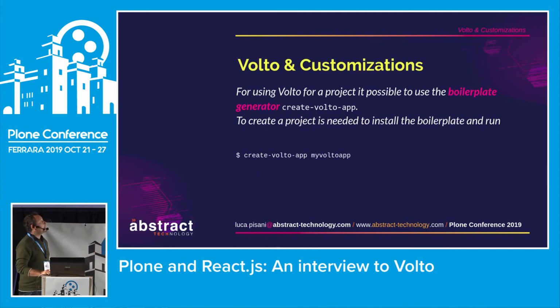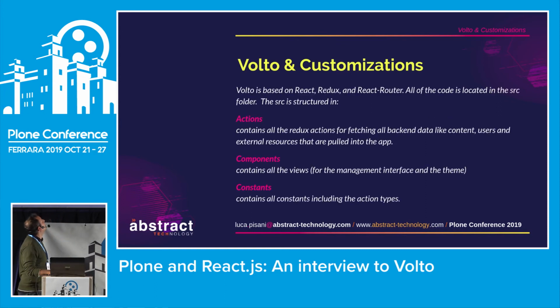To use Volto for a project, you can use a boilerplate generator that creates a Volto app to run the project. After the creation of the app, in the source structure there are the folders that you can customize in the application.